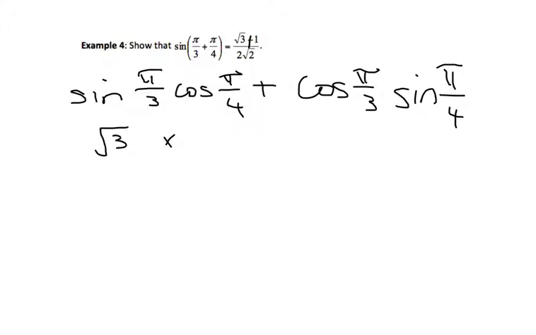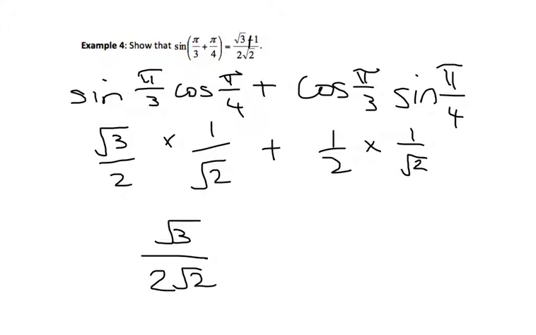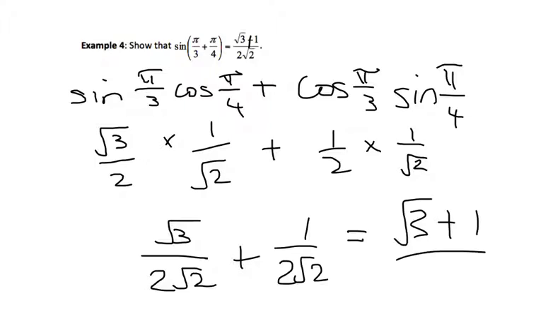That is root 3 over 2. Cos of pi over 4, that's 1 over root 2. Plus cos of pi over 3, that's a half. Sine of pi over 4 is 1 over root 2. So I have root 3 over 2 root 2 plus 1 over 2 root 2, which is root 3 plus 1 over 2 root 2.